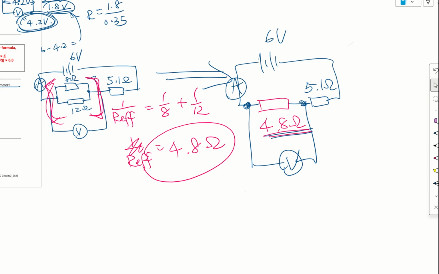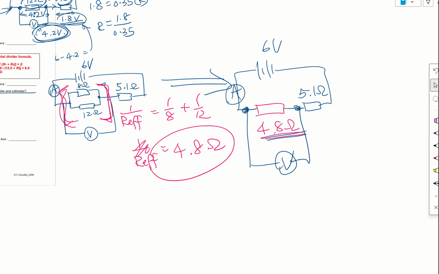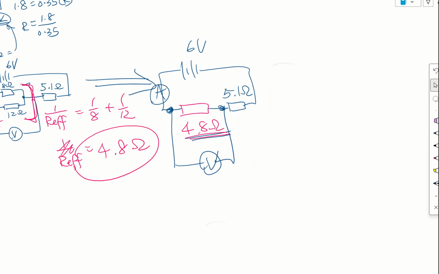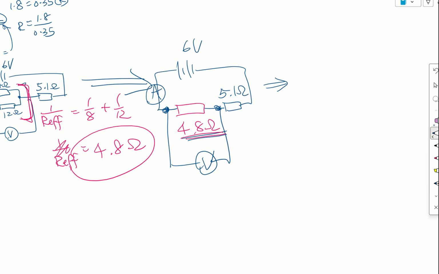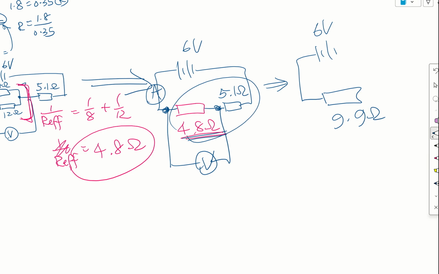Now that we have this, we can either apply a potential divider formula, or we can simplify this circuit even more, because I can then get an effective resistance of 9.9 ohm, since they are now connected in series.